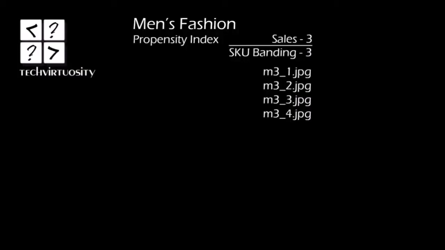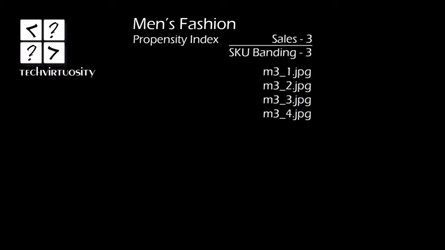Let's take a closer look at how we're dynamically using PHP for those images and links in the Ezine. So here we've got men's fashion from George Bailey's propensity index. He had 3 sales in men's fashion. His best SKU banding was 3. Now, in terms of the images, the image names are key to how this is going to work.